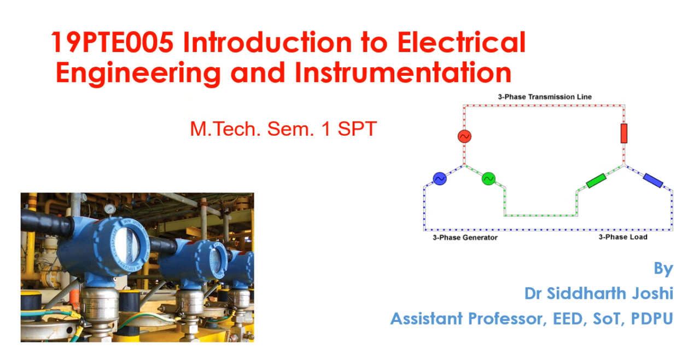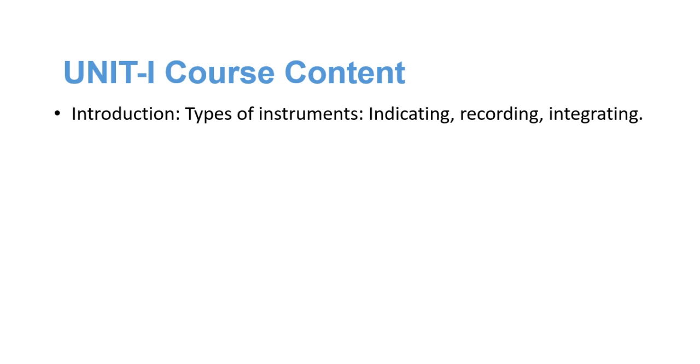So let's proceed to unit number 1. This unit number 1 is related to the instrument, and the instruments included in the syllabus are indicating instruments, recording instruments, and integrating instruments.